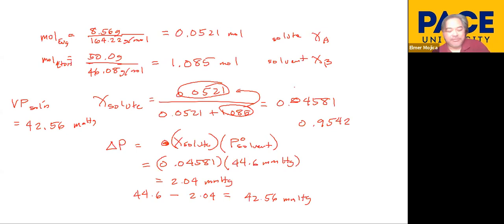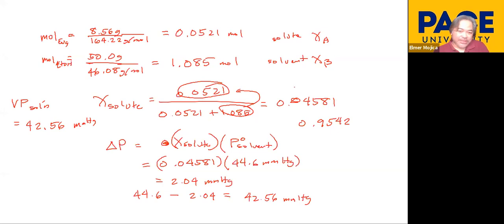So usually, if we're going to plot an ideal solution and non-ideal solution, you have two components, okay? So like that one and that one. So this is A, this is B. Your ideal solution would have a plot like this one. So these are just, we could say, the total of the pressure that you have.